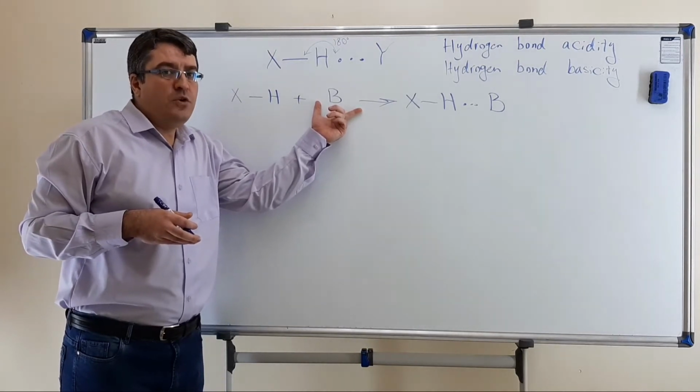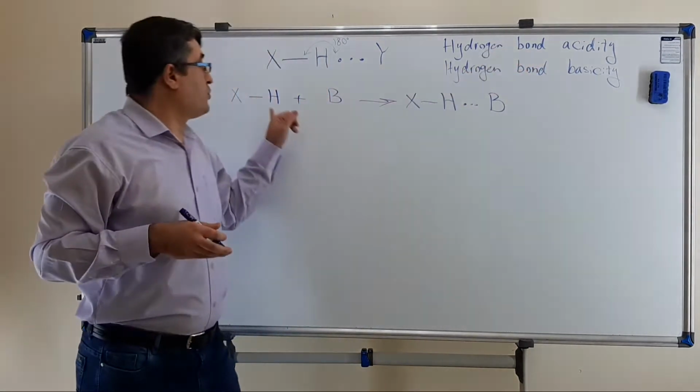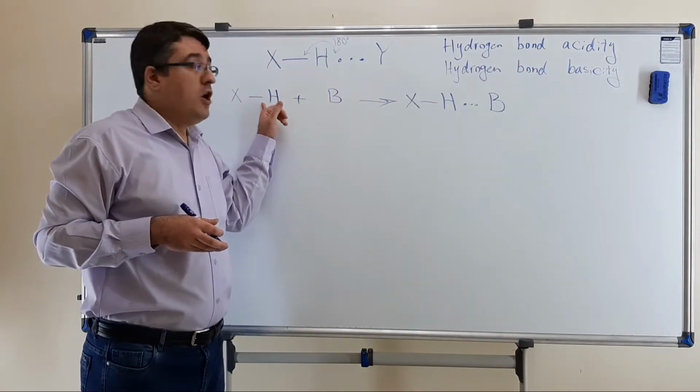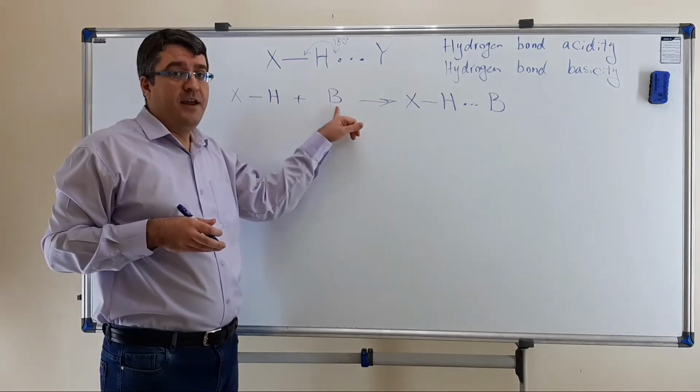And then the values are hydrogen bond acidities of those hydrogen bond donors towards that reference hydrogen bond acceptor.